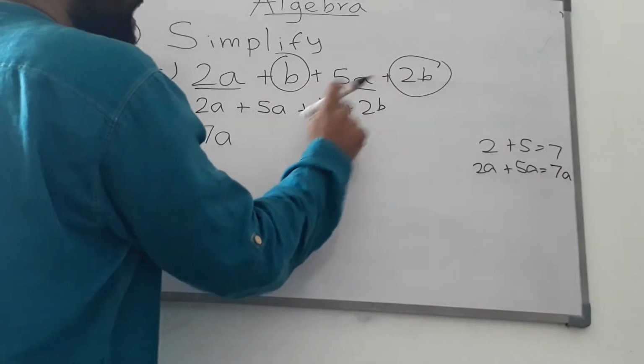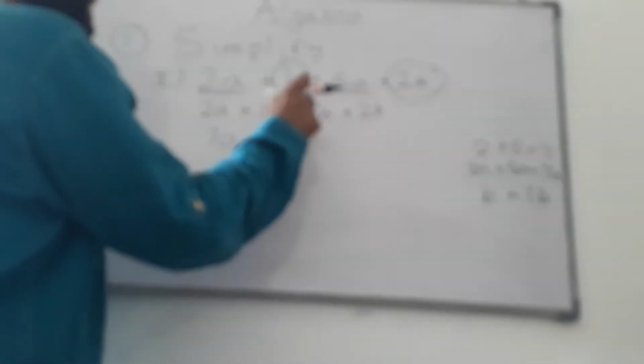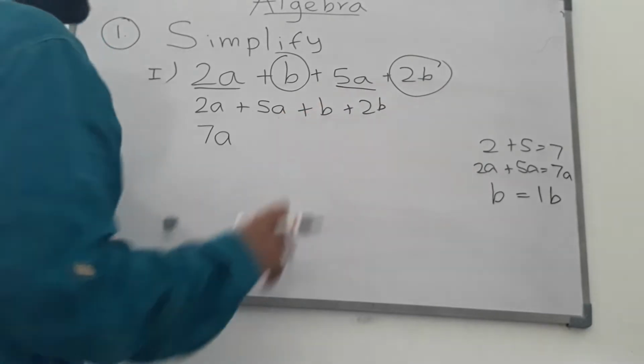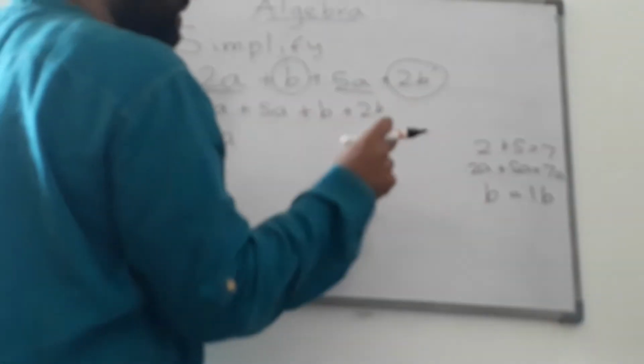Then there is b as well as 2b. b means 1b. When there is an algebraic term without a number in front, we consider it as 1.